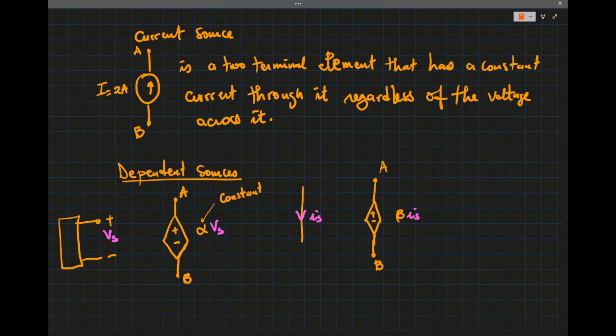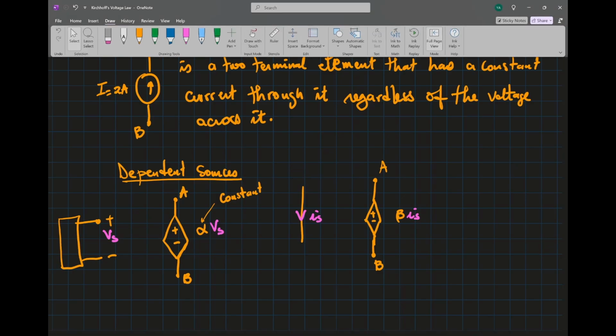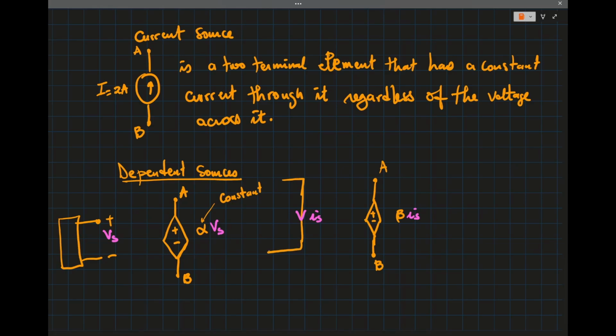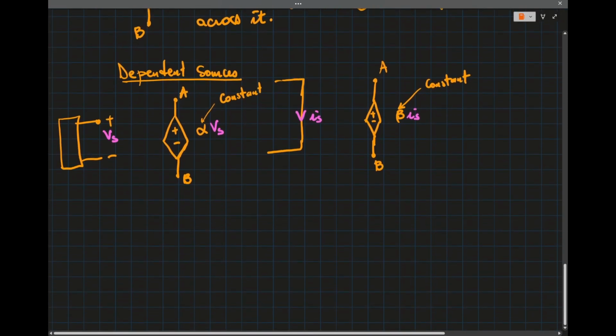Okay, so that means this is a current somewhere in the network, and this source will depend on that. So beta also here will be a constant. Okay, so I'm going to elaborate more on this.